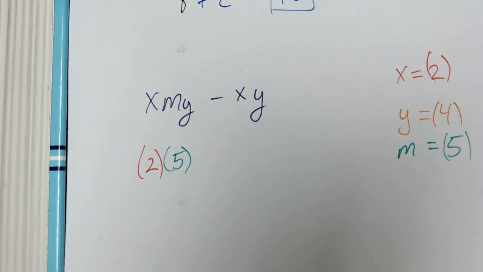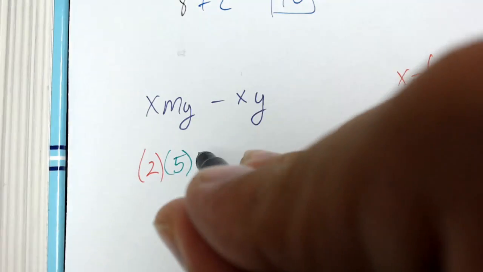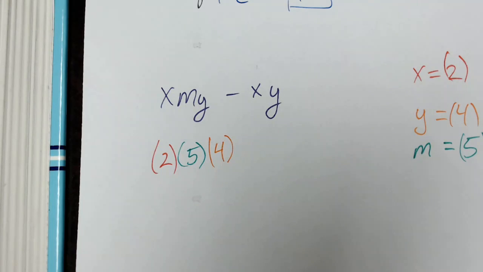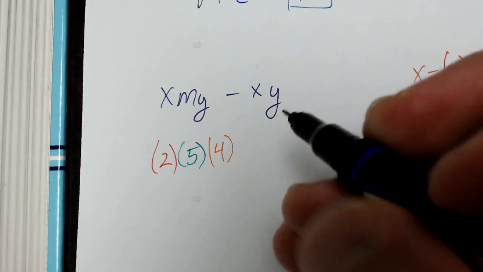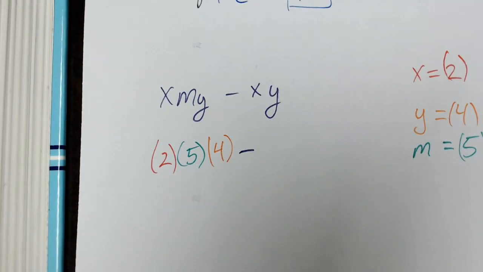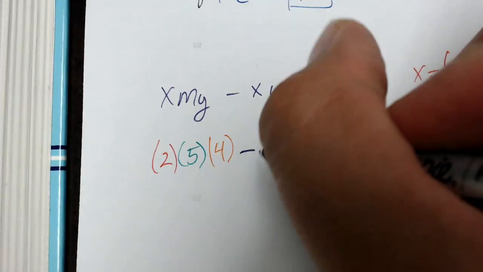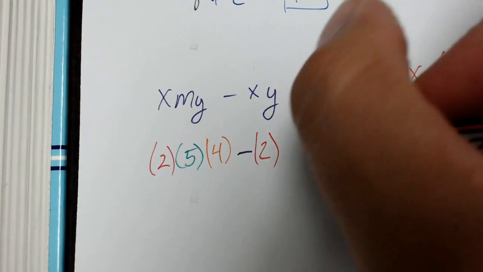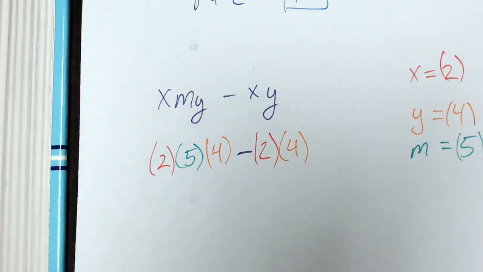Instead of writing y, I'm going to put parentheses 4. Then I'm going to copy the minus sign. And then lastly, another x and y, so parentheses 2 and parentheses 4.